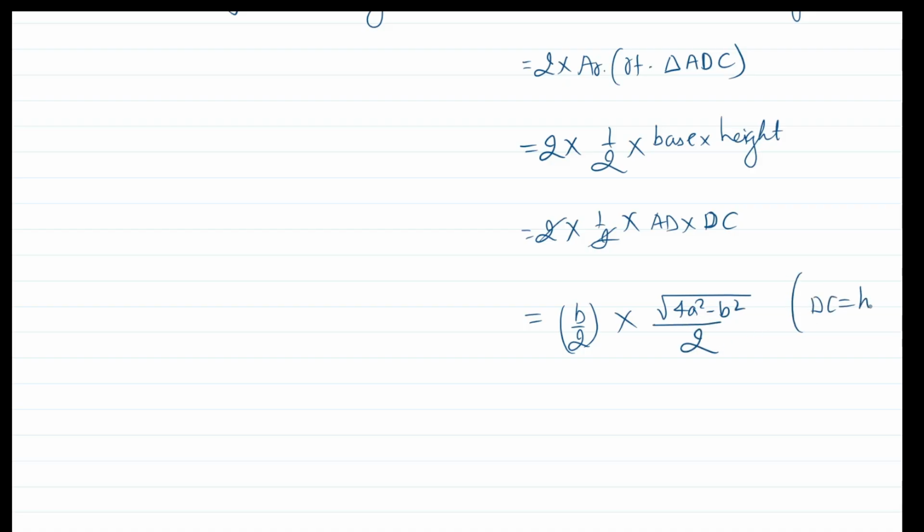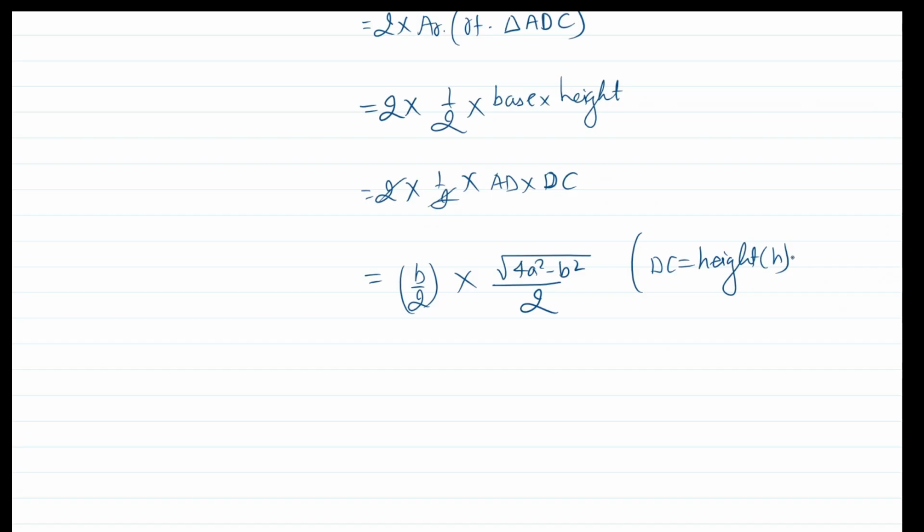Here DC is the height, which has been obtained as under root 4a square minus b square by 2, and AD is the base, which is equal to b by 2, right?